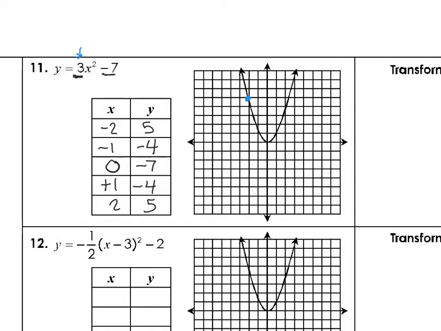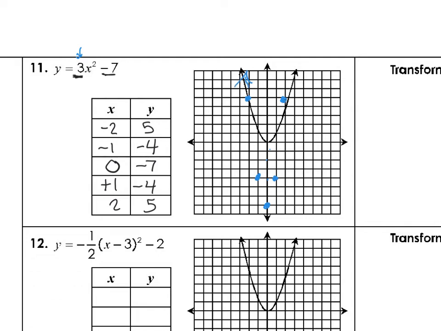Oops, no, that's not -1, 4. My bad. Let me erase that. It's -1, -4. So it's down here. And then 0, -7. 2, 4, 6. So that's down here. Then 1, -4, and 2, 5.